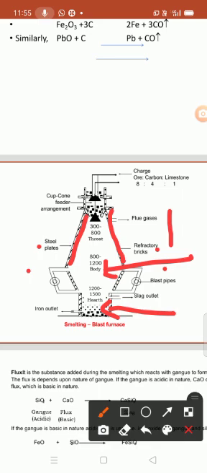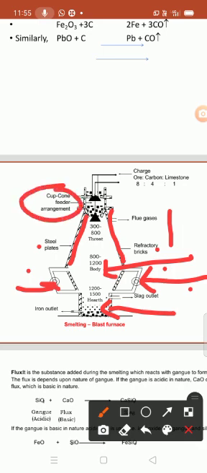Blast pipes, also called tuyeres, pass hot air from both sides at about 800 degrees Celsius. Here is the cup and cone feeder arrangement, through which the charge is entered into the blast furnace.